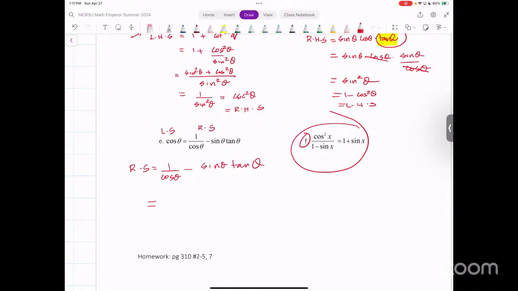Done. You prove it. All right. Should be an easy proof. Did you know how to work with these questions? You didn't prove that it is equal to cos theta.